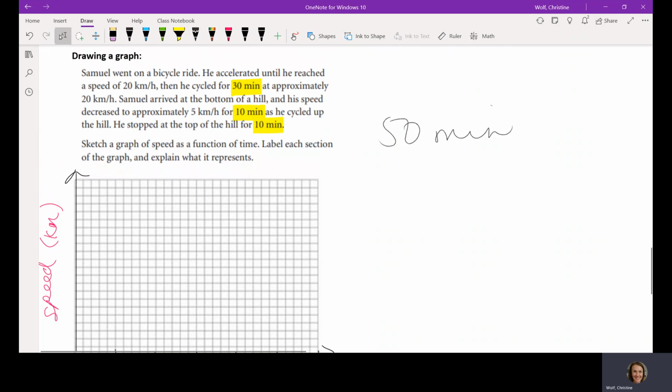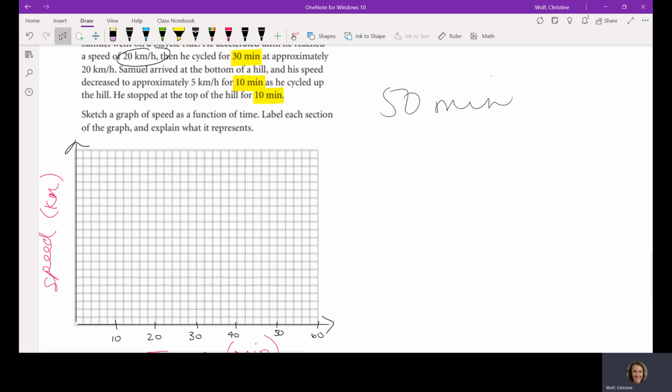For speed, his max speed is 20 kilometers an hour. That's as fast as he goes. So I'm going to just do one tick each, counting from 1 up to 20. Okay, there's my ticks.